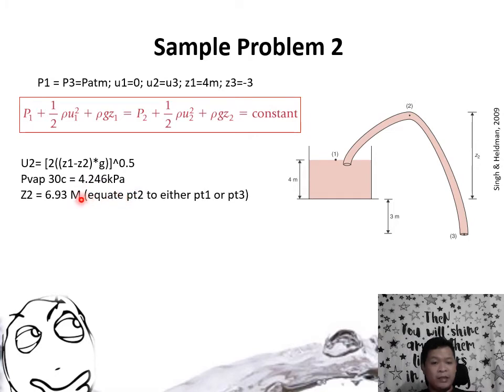And then, given tayo ng temperature na 30 degrees C, so to prevent cavitation, kasi cavitation happens nga, di ba, kapag nag-evaporate yung water natin. So dito, tabular value for the vapor pressure at 30 degrees C is 4.246 kilopascals.